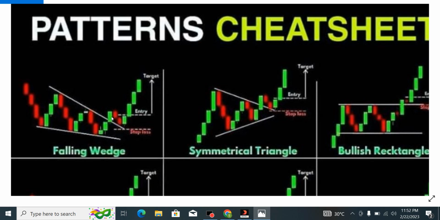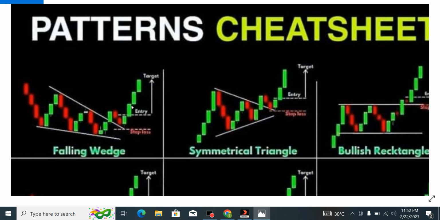Just allow the candle to close. After closing, it might want to pull back a bit. You can see that it has broken out and is trying to create another resistance zone, so it might pull back a bit. Then after the pullback, if it didn't go below this, you can go fully into it.